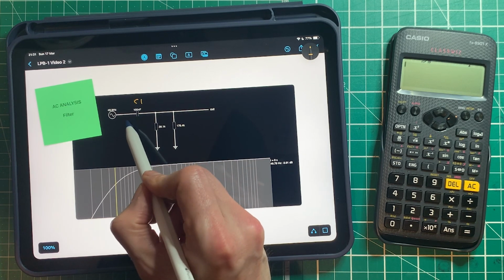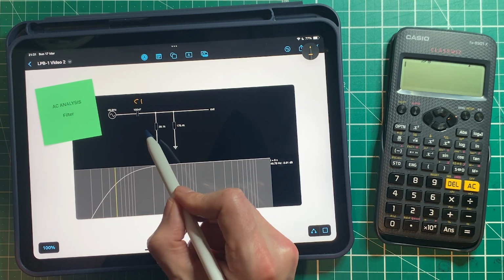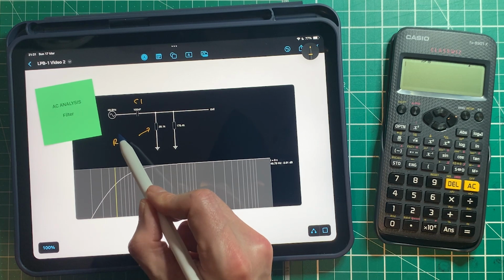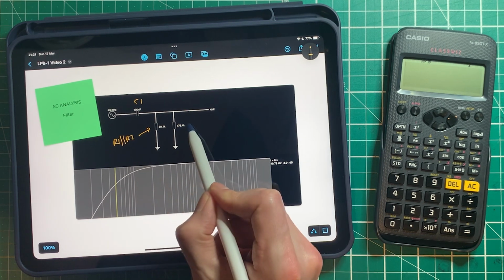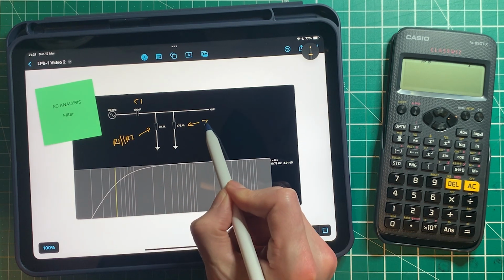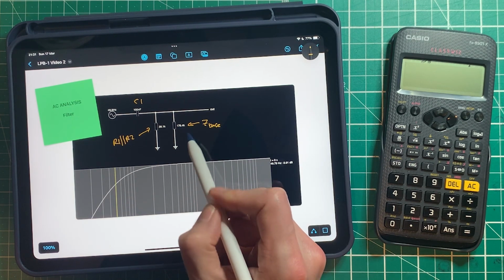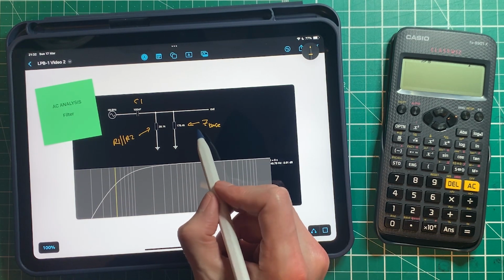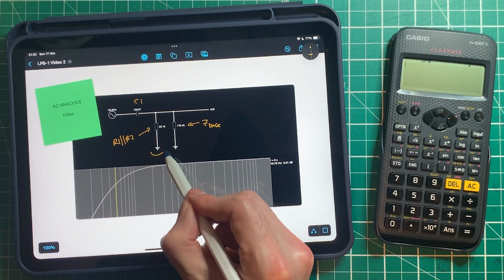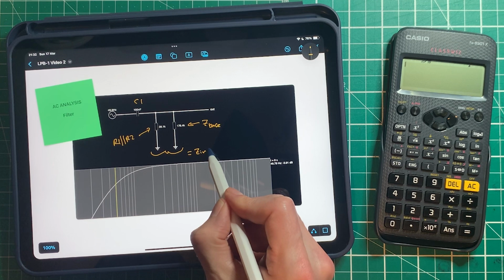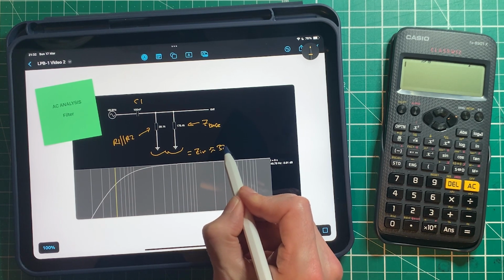So I've got C1 here, which is 100 nanofarads. Here is R1 in parallel with R2. And this was the impedance looking into the base of the transistor, which was 176.4-ish kilo ohms. Now we know that these two together actually equal Z in, which is approximately equal to 32K.